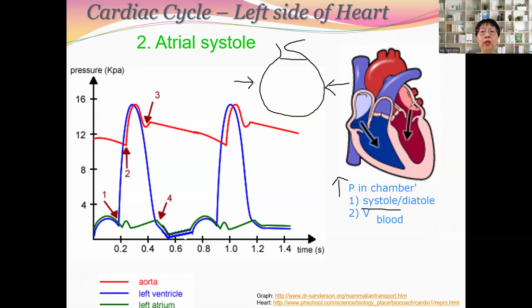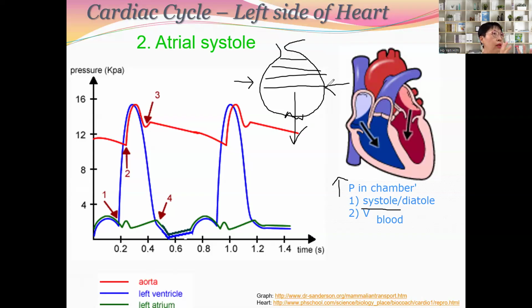Now, what happens as you squeeze? The blood can flow out from the atrium into the ventricle. So imagine you make a hole here. As you squeeze, of course, you can feel that the pressure increases. But up to one point, when enough blood has flowed out already, the blood volume is dropping, and you start to feel that you're still squeezing it, but the pressure continues to drop.